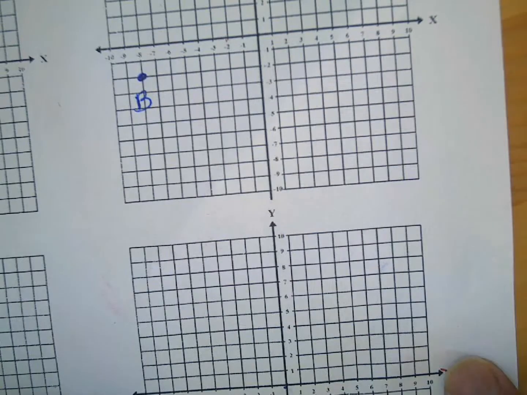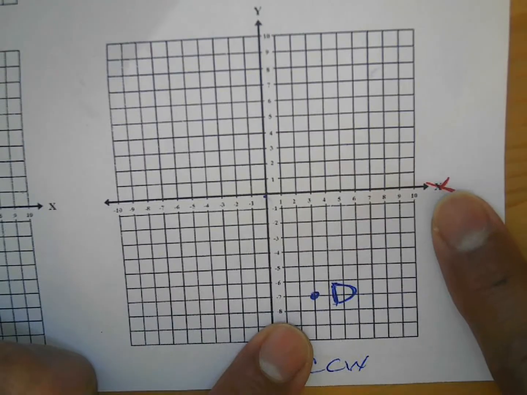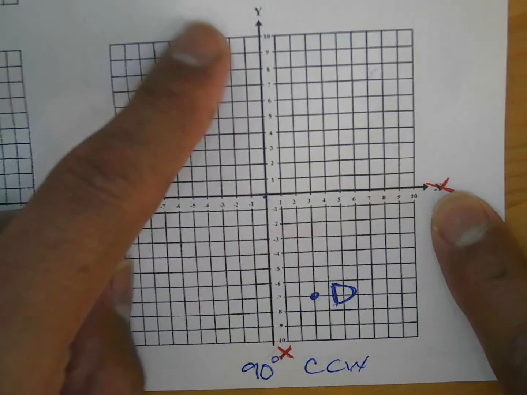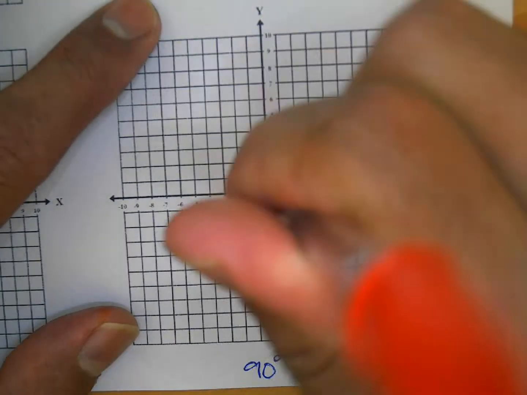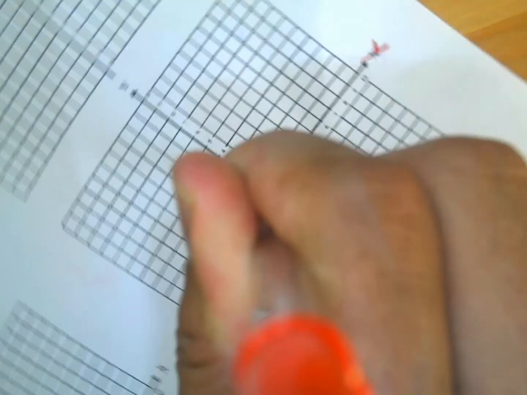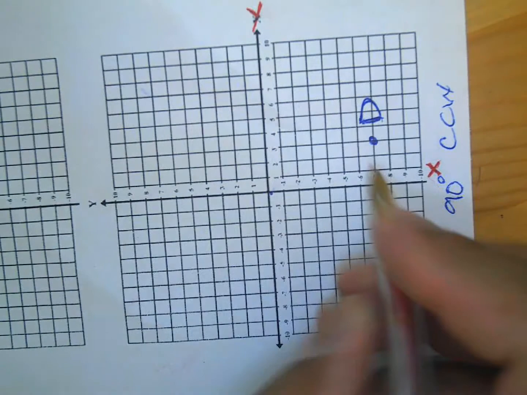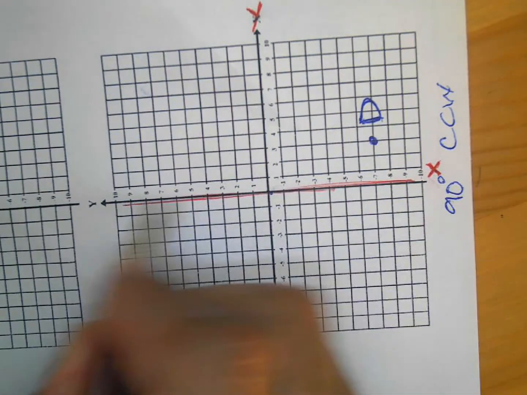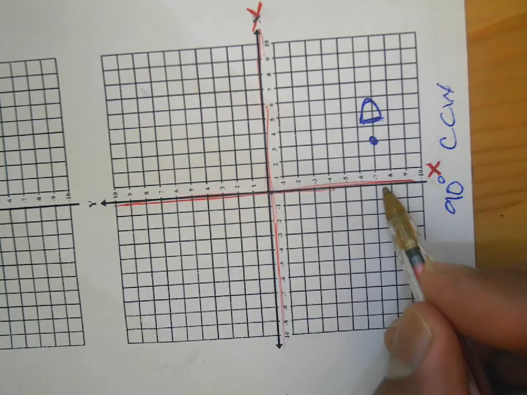Originally, X is here and Y is here. But when I did the rotation counterclockwise, which is to the left, 90 degrees is only a quarter turn. But now this becomes your new X, and this becomes your Y. And now just get the coordinates.